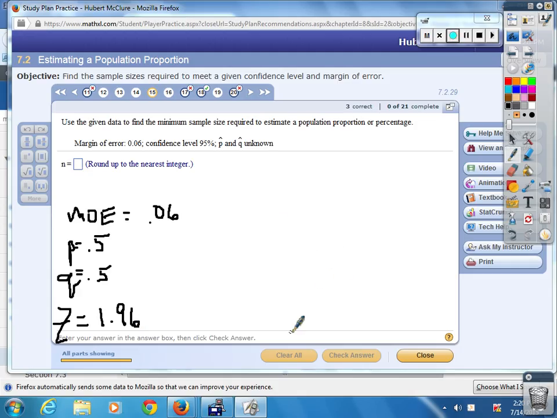So that margin of error goes on the bottom, 0.06 squared, if I remember my formula. And then we take that 1.96, and don't we multiply it by P and Q?